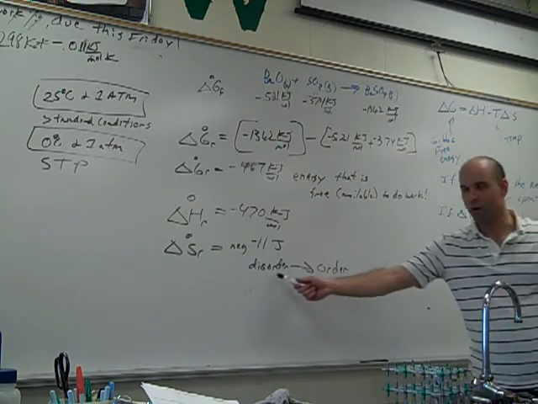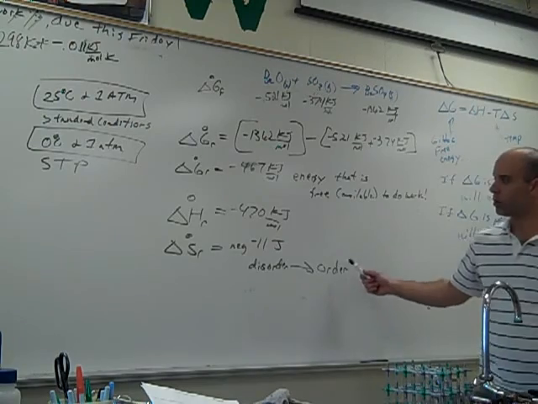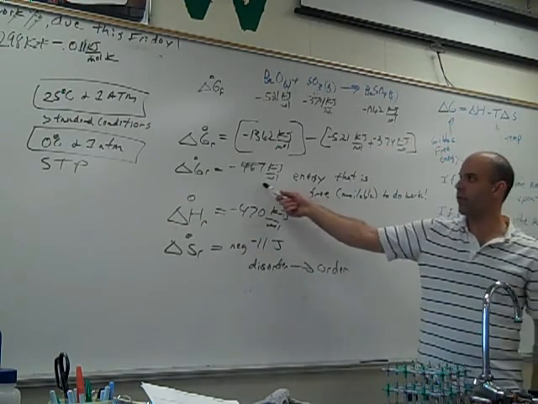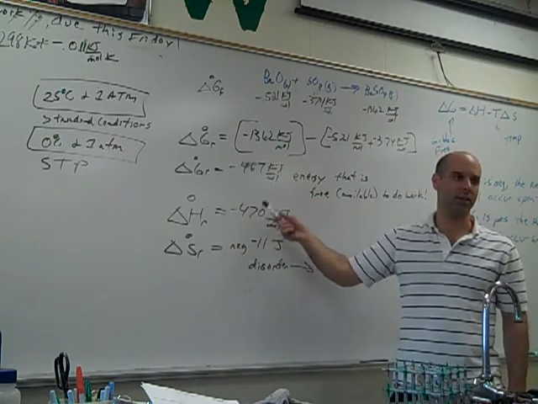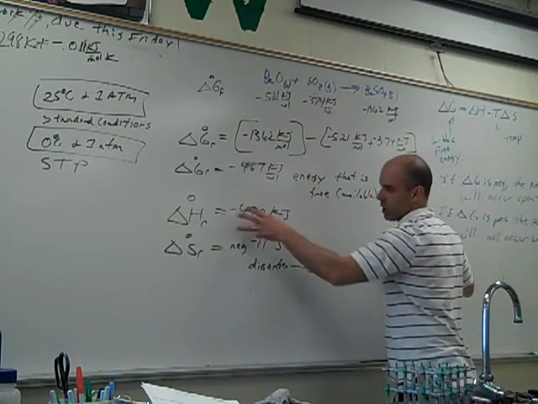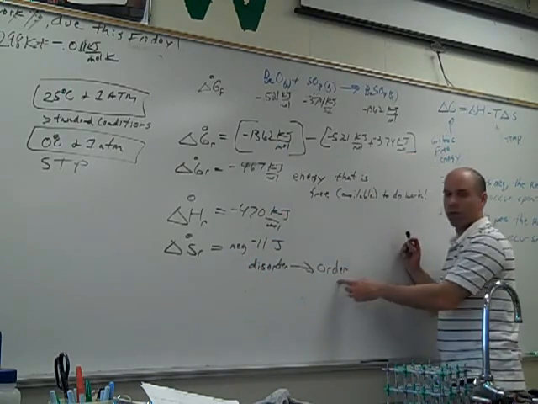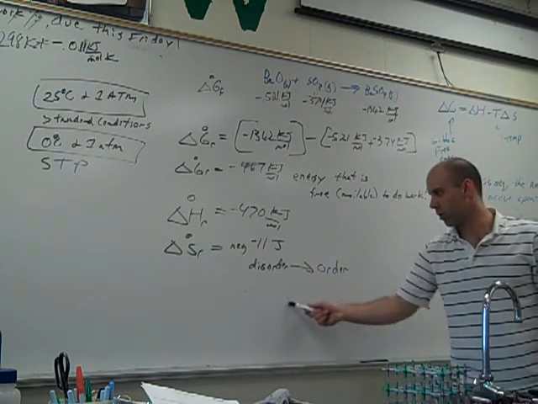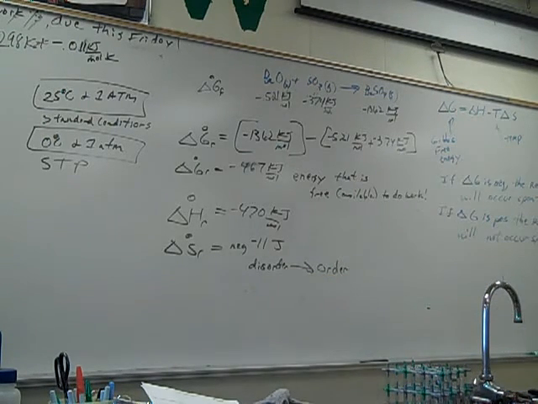You can go from disorder to order, but you must use up some of your heat. And therefore, what we get out is less than 470. We have to use some of our energy to go from disorder to order. It is impossible to go from disorder to order without using energy.